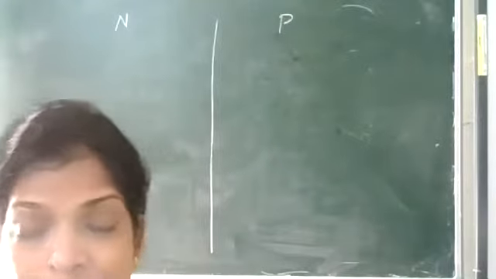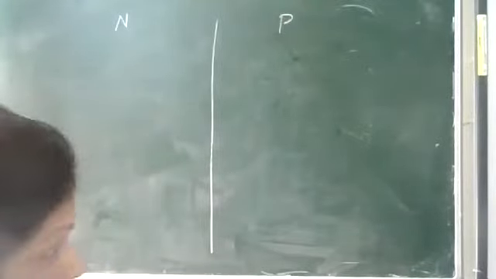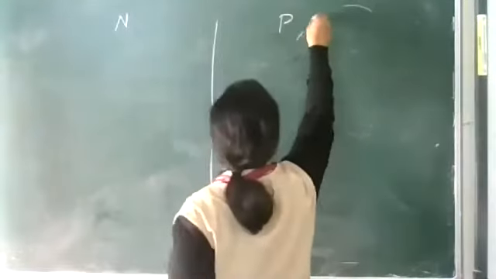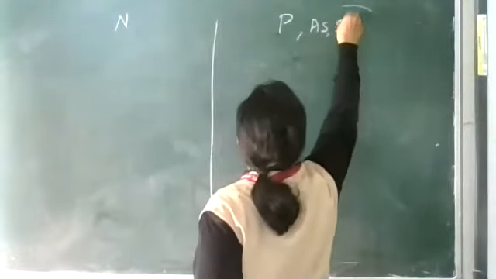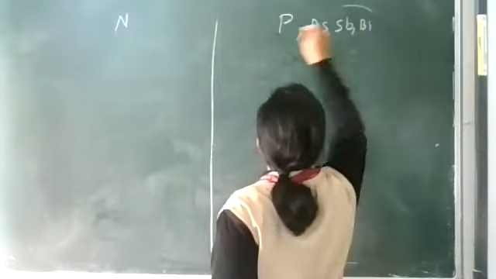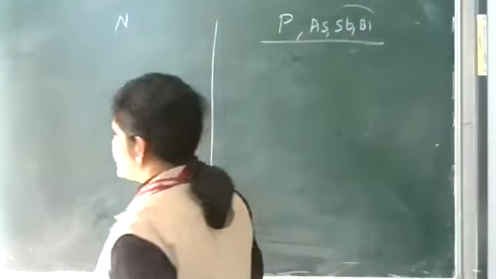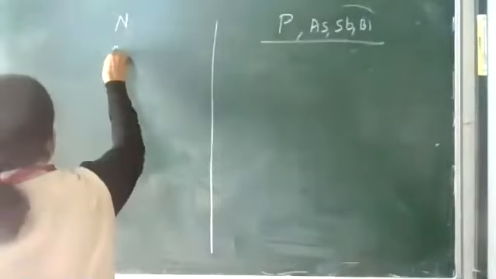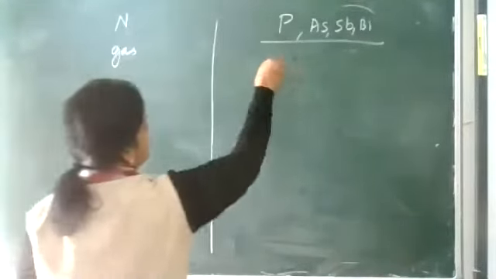What are the anomalous properties of nitrogen as compared to phosphorus, arsenic and the others? Nitrogen is a gas, while others are solids.